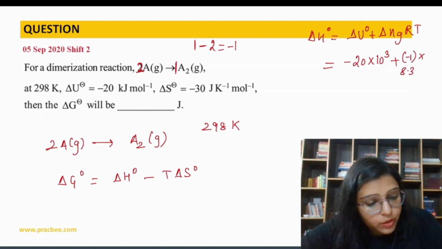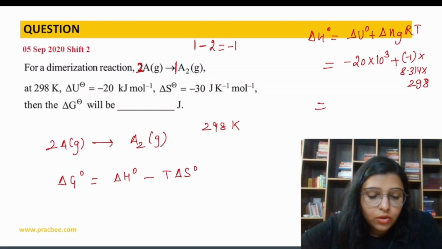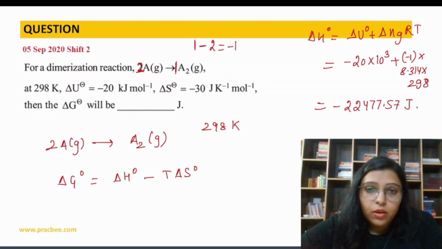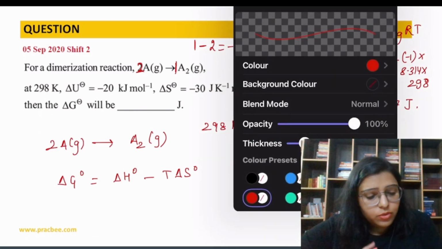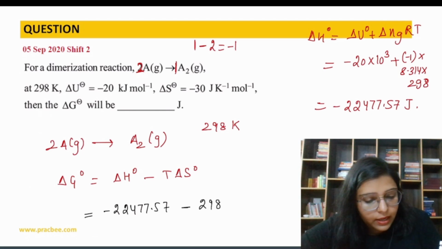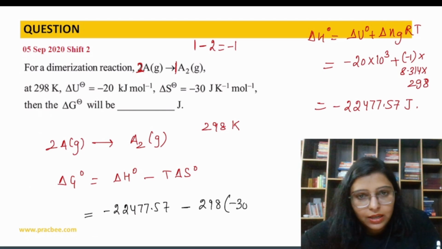The value of R is 8.314 and temperature is 298. Okay? So on solving, you get the value minus 22477.57 joule. Now you have to put this value into this equation, that is minus 22477.57 minus 298 times delta S naught, which is minus 30.